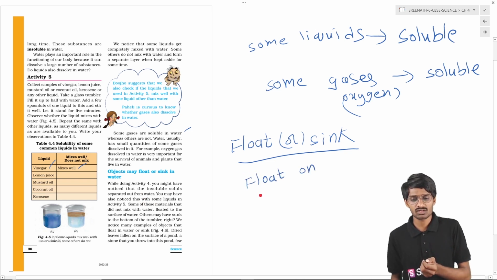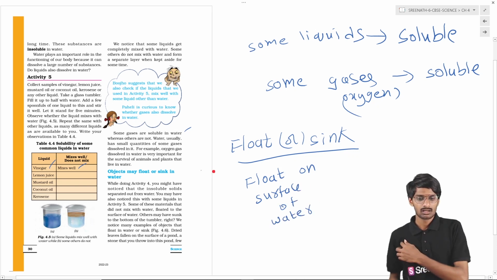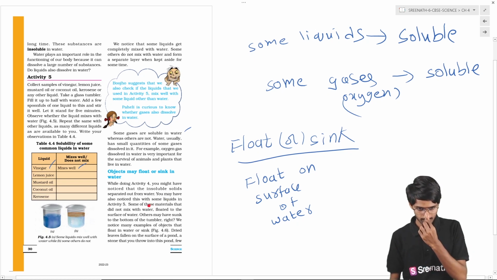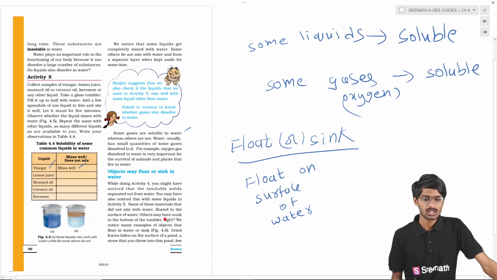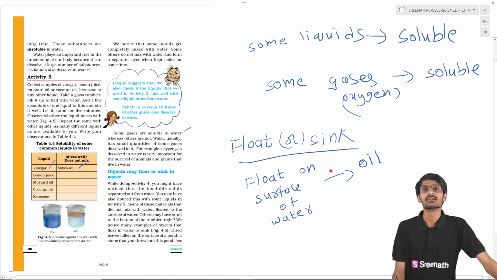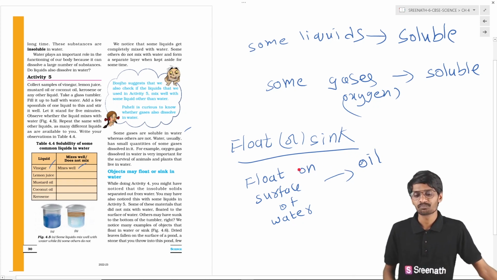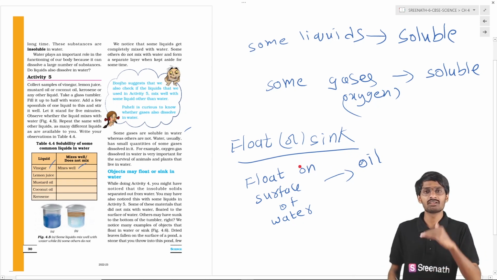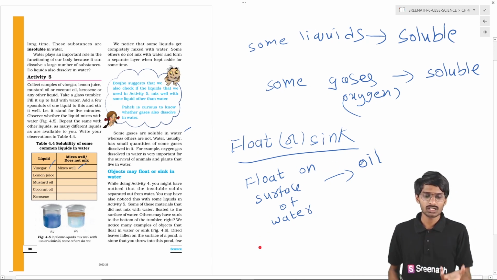Suppose we take kerosene oil or any oil, those oils will not mix with the water, they will float on the surface. So we call them oil-like substances.